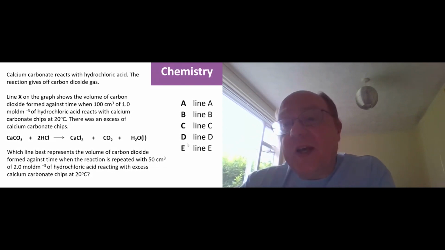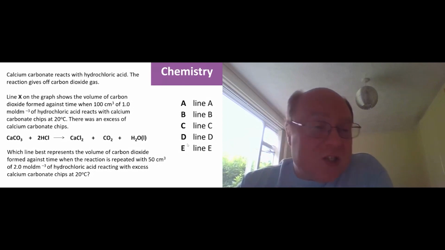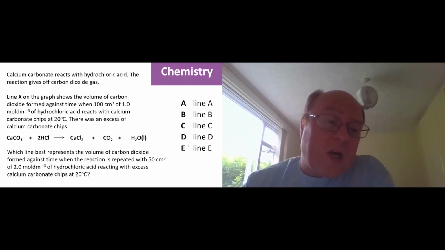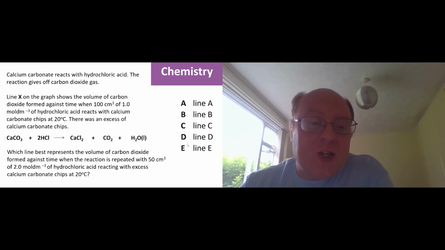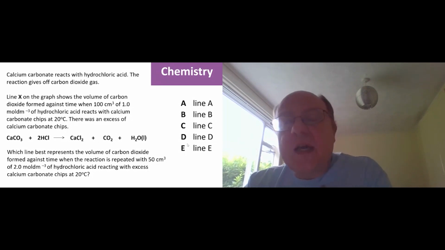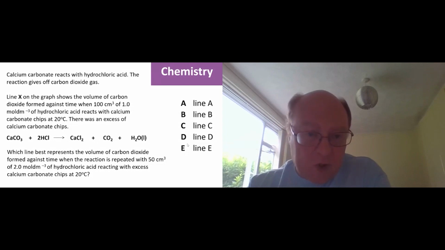So hopefully you'll remember from your chemistry lessons that if you have a higher concentration of acid, it's going to speed up the reaction, but it won't produce more of the carbon dioxide. So what we're looking for is the line which shows a more rapid reaction, but then levels out to the same volume as was produced with the original experiment.